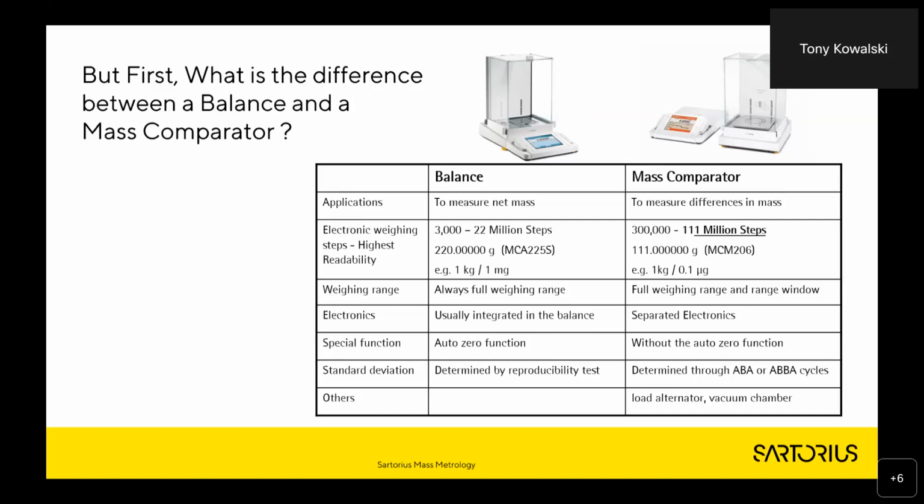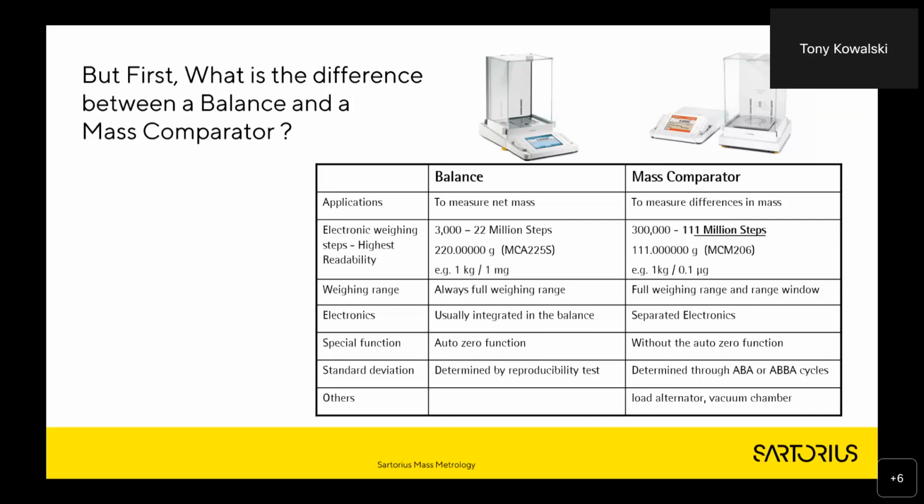And for example, a kilogram, the best we can weigh out a kilogram of component would be 1 milligram. On a mass comparator, we can have as much as 111 million weighing steps compared to 22. So this is a very big difference. And you could find this on a model MCM 206, where it has 111 grams with a readability of 6 decimal places.